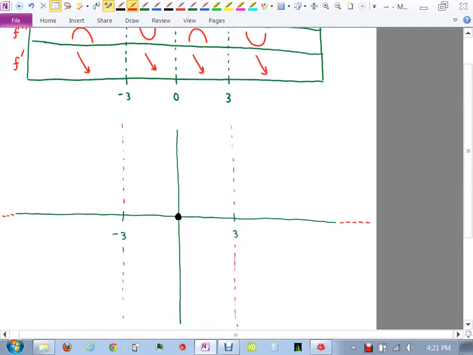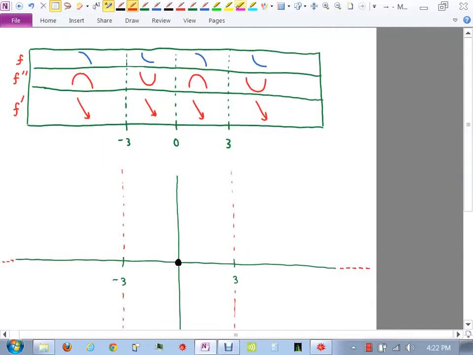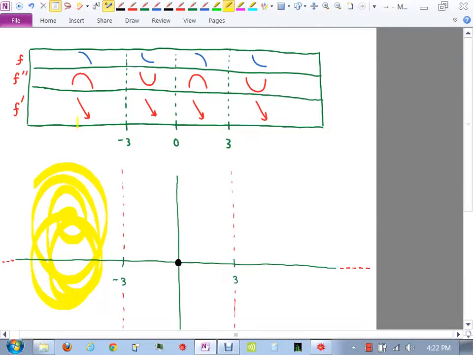Next thing. I've got to figure out where I have any other information about this graph. Right now, this is all I've got. I know that over here in this region, my graph must look like this little side of this frown, right?